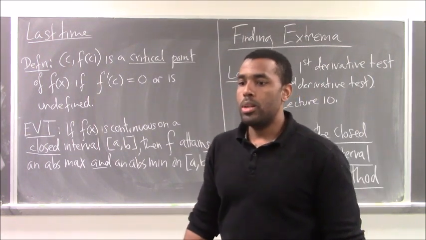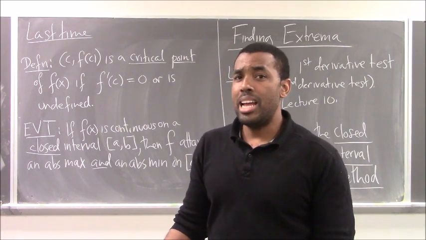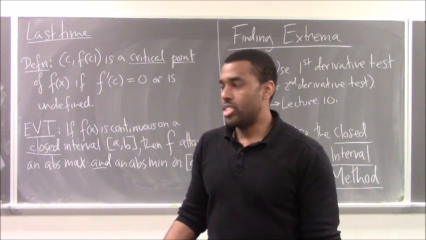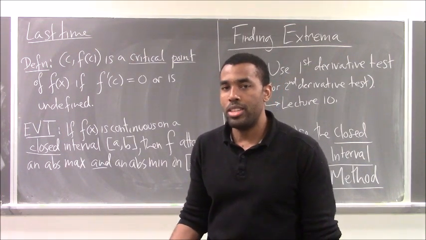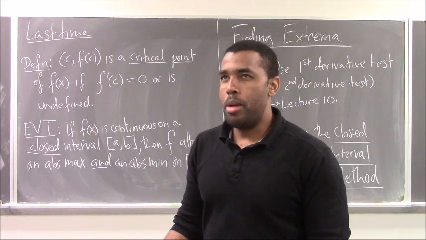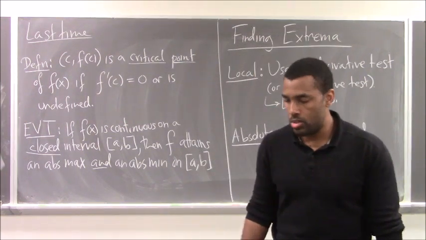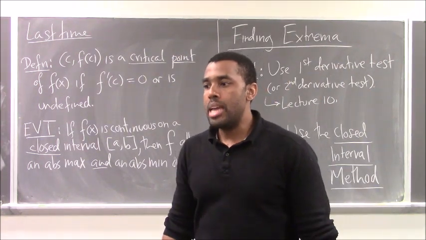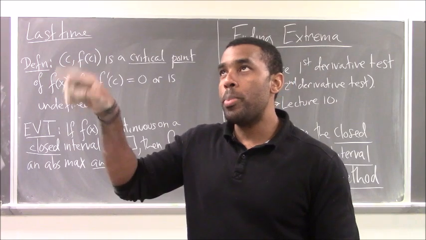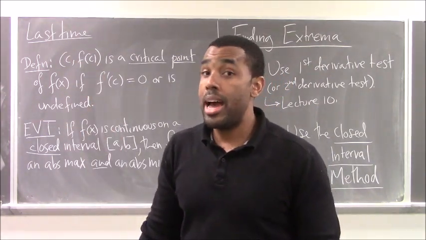So for example, absolute value of x, like I was mentioning, has an absolute minimum as long as you're looking at any interval that contains the origin, because it has a minimum at the origin. But I wouldn't be guaranteed to be able to find it anywhere if it's an open interval, right? So if I were to look at the absolute value of x on the open interval from 1 to infinity, not including 1, then that guy has no absolute max.